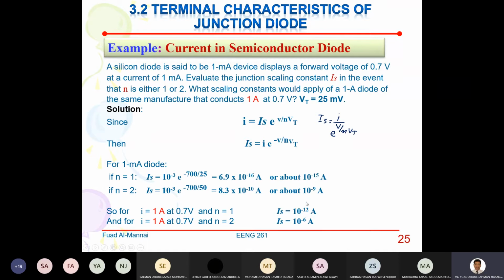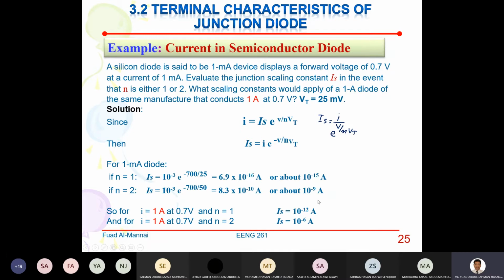So an increase of 1,000. And for N equal to 2 for the same value, IS will be 10 to the power minus 6, or micro. So by just changing N, there is a dramatic change between IS when N is equal to 1 and IS when N is equal to 2.